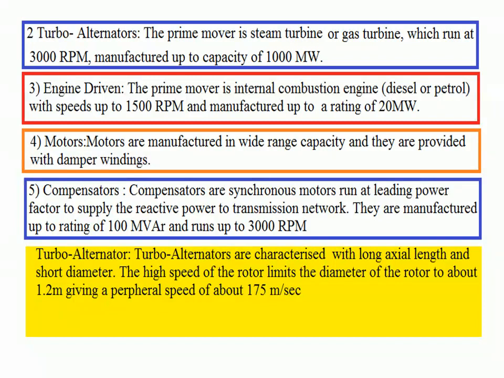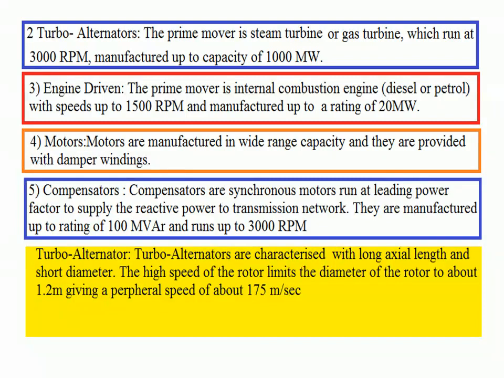It is also known as the synchronous condenser. Depending upon the field excitation, we have to work this machine under leading power factor. Hence, it supplies the capacitive current or reactive power to the electrical network, which may be the transmission network. These are manufactured in the rating of 100 MVAR and run at around 3000 rpm.